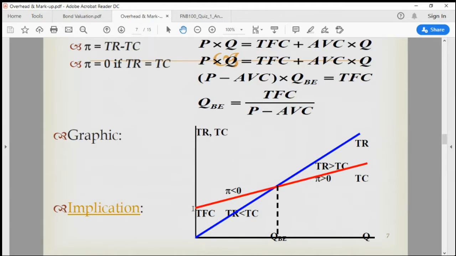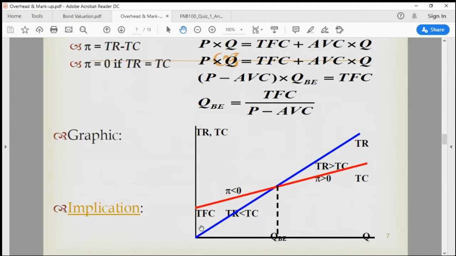So even at zero quantity here, your total cost is not zero. It starts from this level, which is the total fixed cost. And then since your revenue is increasing for every unit, you're selling it for $500, the marginal increase in the revenue is $500, right?